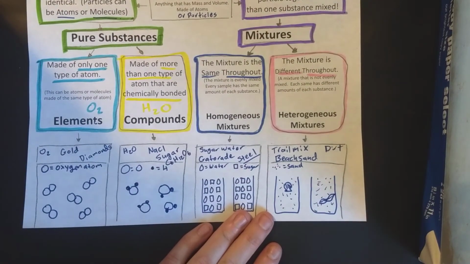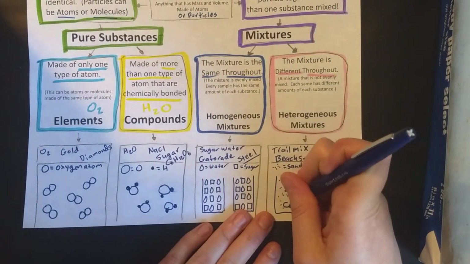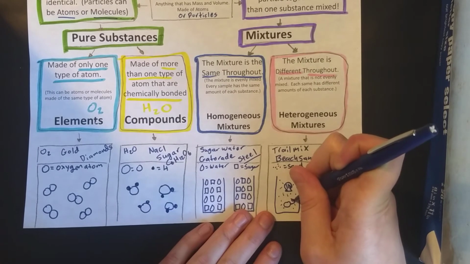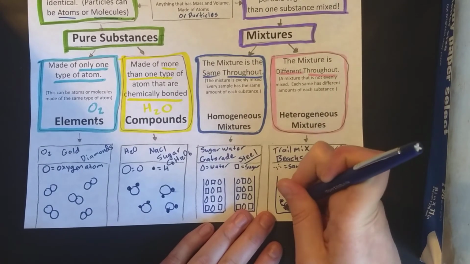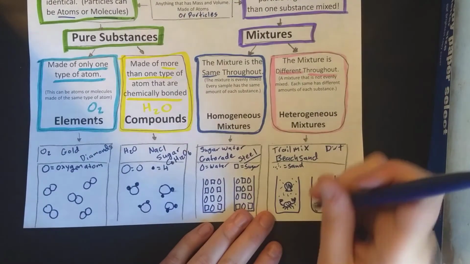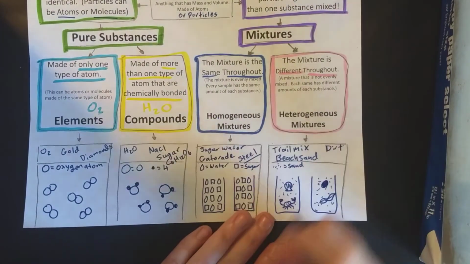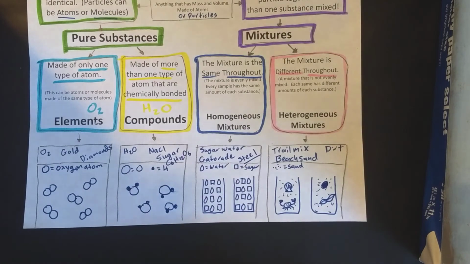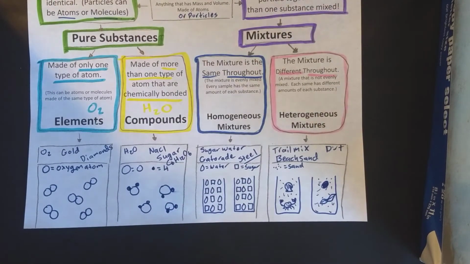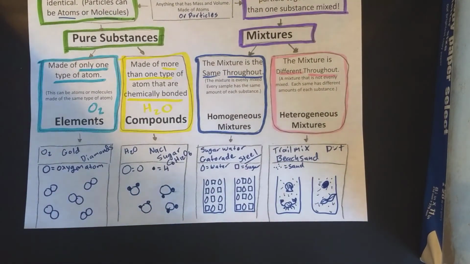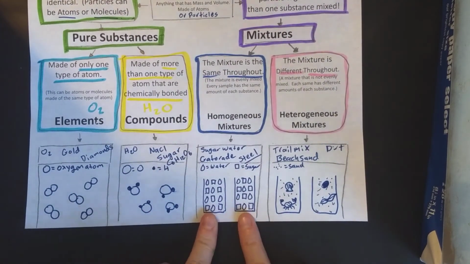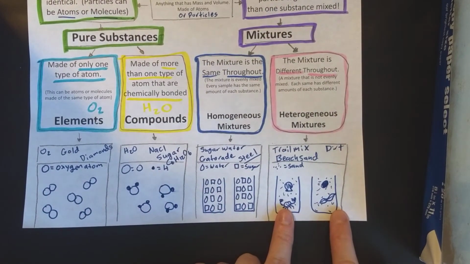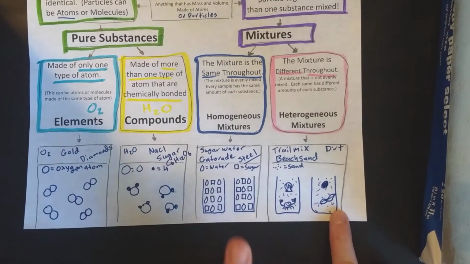I might find a little crab in the sand that I'm digging through. I really just wanted to draw a crab, you can tell. Okay, I might find a rock. Okay, it's not going to be the same in each of those scoops. Okay, so when you take two scoops, if they're the same, exactly the same, it's homogeneous. If you take two scoops and it's different, it's heterogeneous. And this is for mixtures.